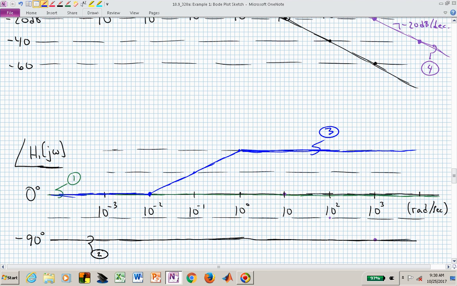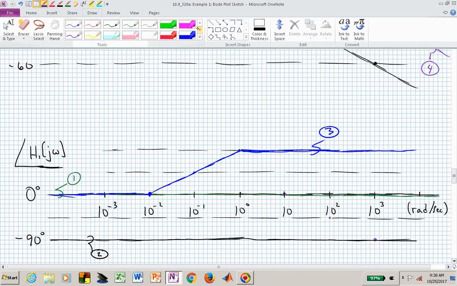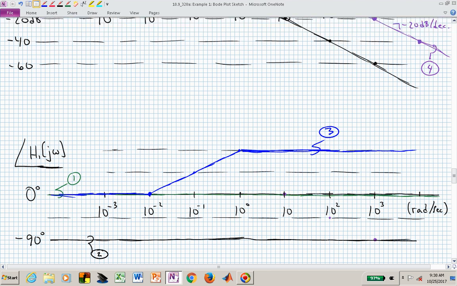Piece number 4, let me go in and find the right color. Now that breaks at 100, but we transition it over 2 decades, and we're 0 until we get a decade before the 100, which is at 10, and we're then at minus 90 because it's a pole beyond that.